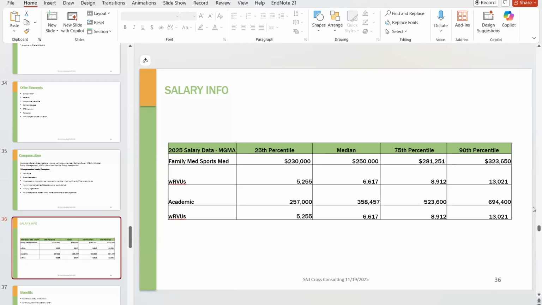But again, when you work for large organizations, they may have their own pay practice and pay model and hold you to the standards that they set for their organization. But this at least gives you a nice overview of the standard process used in terms of looking at the base and then looking at what the work RVUs are. And I was able to pull, like I said, data for family medicine, sports med, as well as the same specialty in an academic setting.